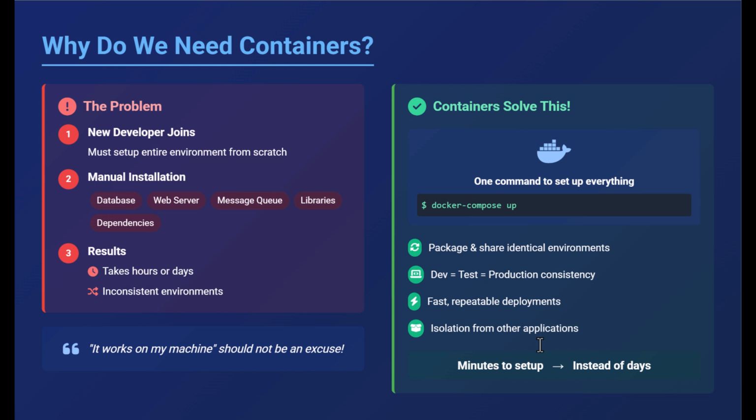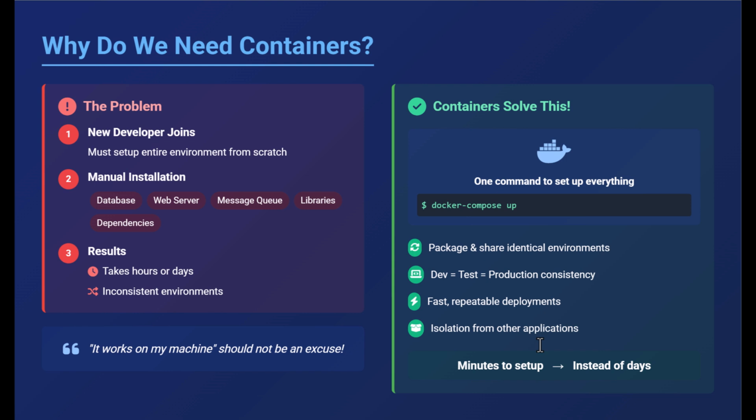Let's say a new developer joins your team. They are excited to start, but before they can write a single line of code, they have to set up everything on their laptop. That means manually installing things like the database, backend, web server, messaging queue, libraries, and other tools.